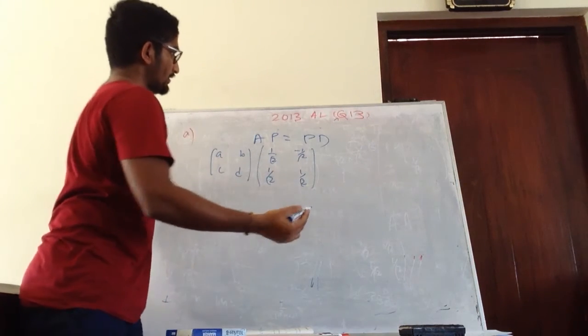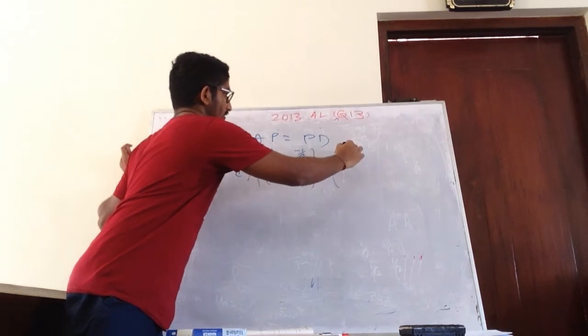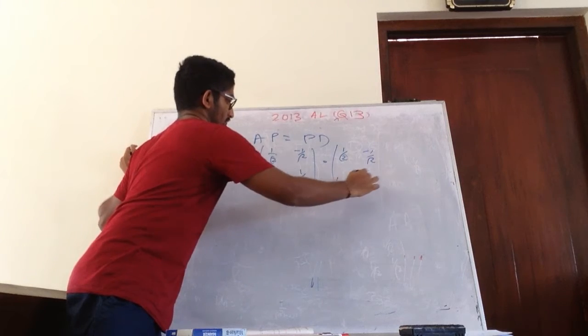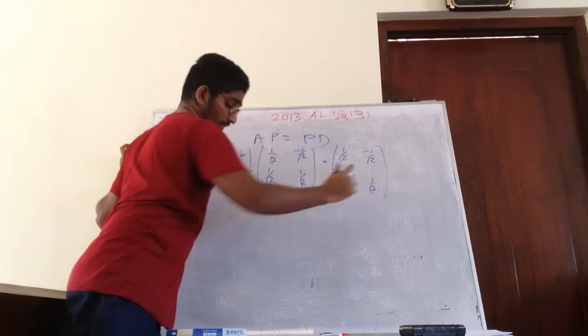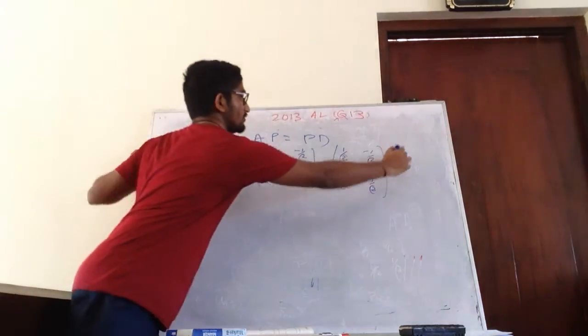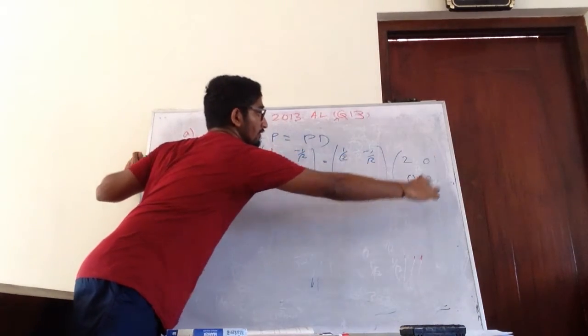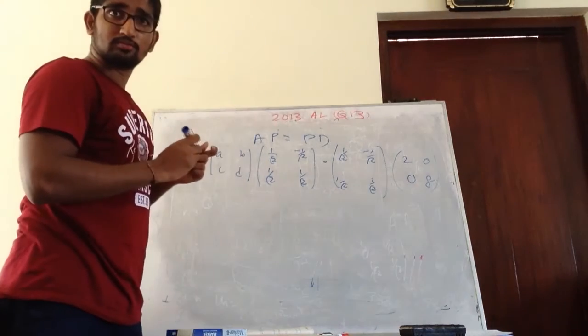D also they have given: 2, 0, 0, 8. Correct, no?